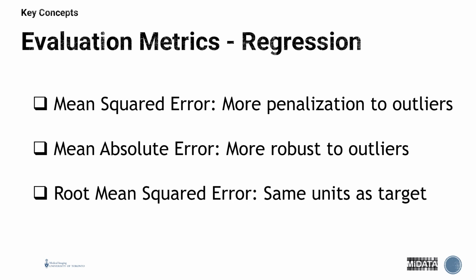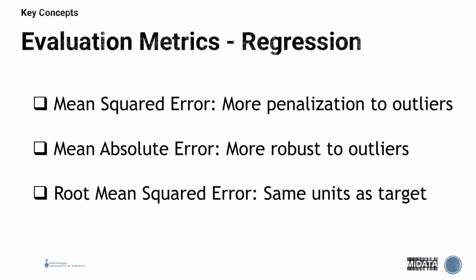Well, there is the mean squared error, and this is often used and reported. However, there is more penalization to outliers when you use this calculation. There's also the mean absolute error, and this one is used often when there are outliers and you would like it to be a little bit more robust to outliers, meaning less impacted by a few outliers.